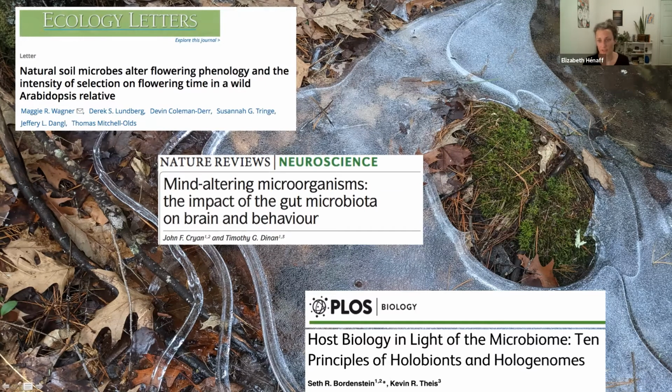And so this is the case for plants, but this is also the case for mammals, including humans. So we're pretty familiar with the idea of the gut microbiome being really important for health and well-being, and disruptions in the gut microbiome function have all sorts of associations with different types of pathologies, like IBS and Crohn's disease.